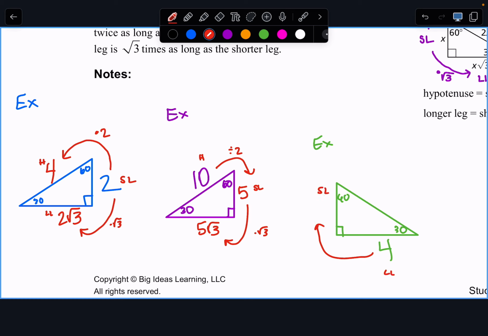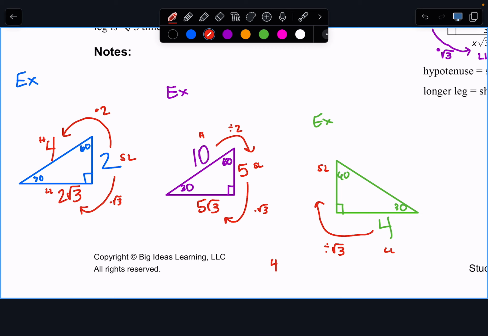How are we going to go from the long leg to the short leg? Okay, we are going to have to divide by radical 3. And if we take 4 divided by radical 3, can we leave it like that? So our short leg is 4 radical 3 over 3. There's really nothing we can do to make that look any simpler, okay?